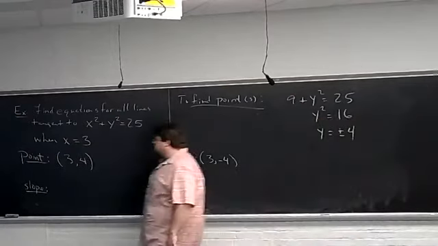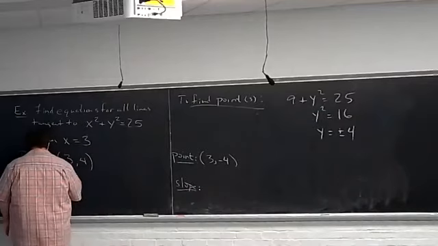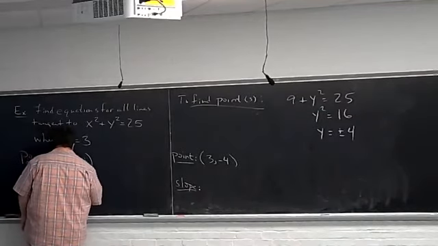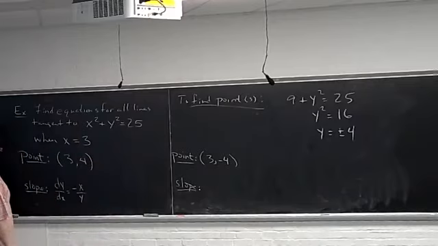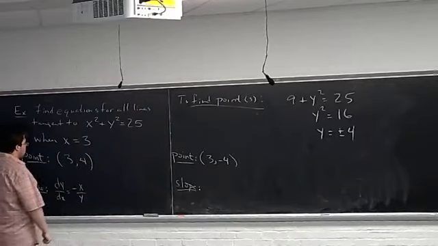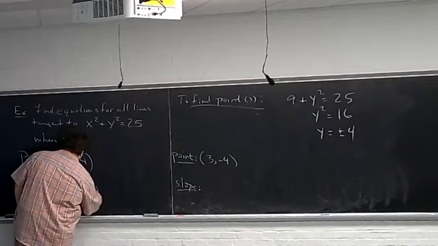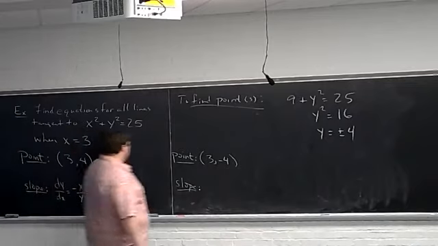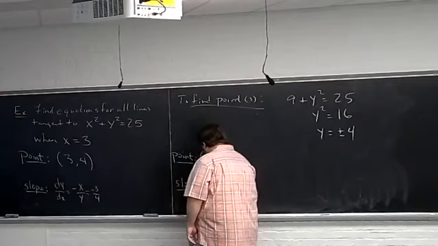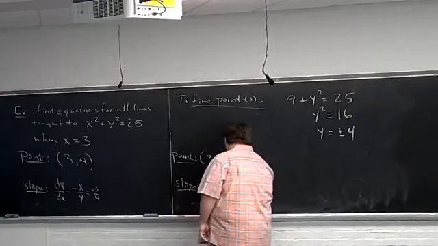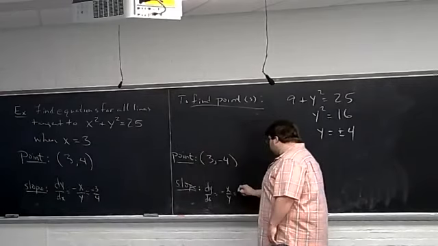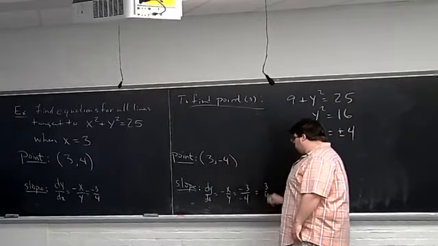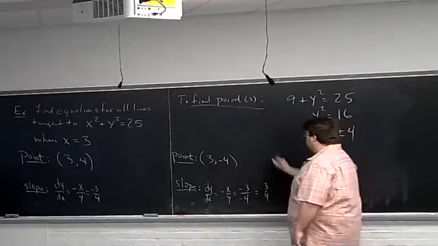So now we need the slopes. Well, the slope, remember, is still given by dy dx. And what is it? It's negative x over y in both cases. Negative x over y here is negative 3/4. And over here, dy dx is negative x over y, which here is negative 3 over negative 4, just 3/4.